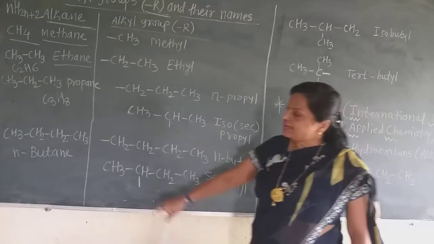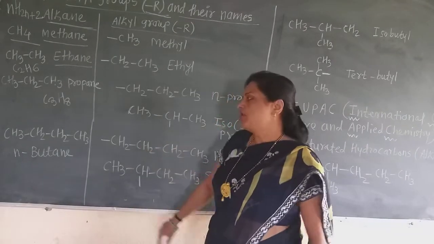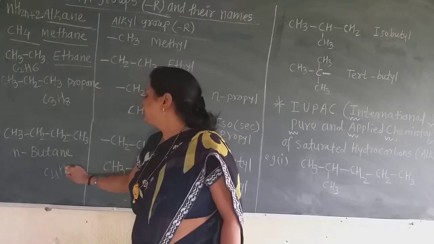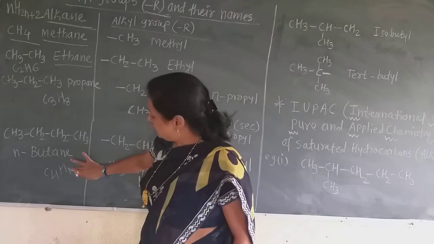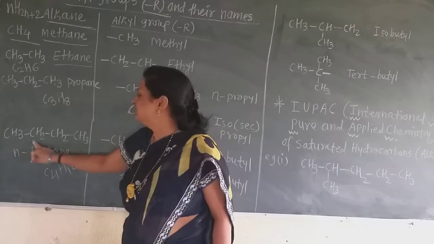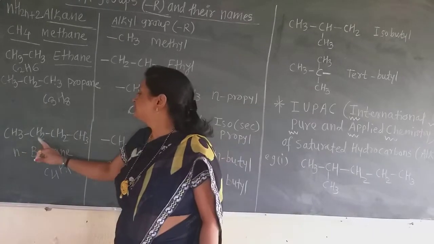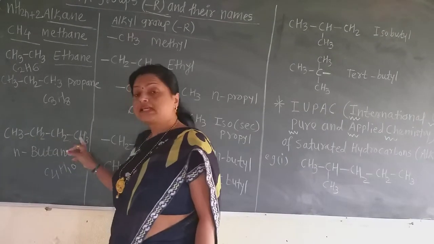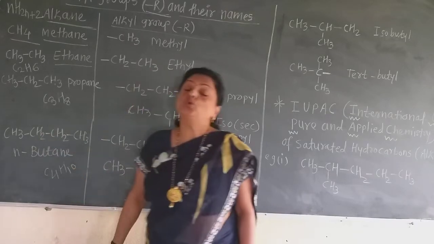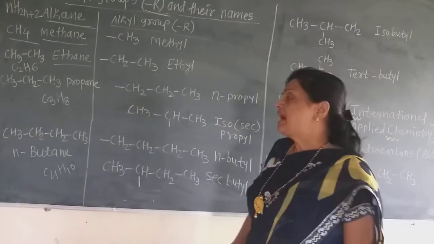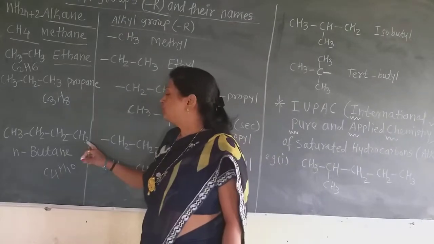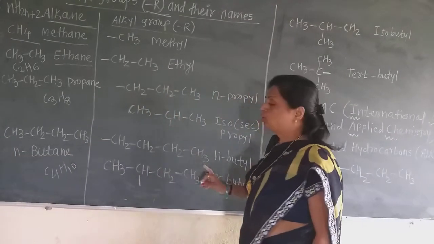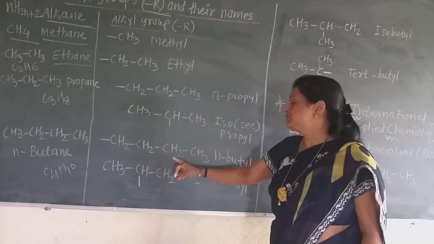Now the next alkane is butane. The molecular formula of butane is C4H10. I draw this C4H10 in this way: CH3, CH2, CH2, CH3. The ending carbons have 3 hydrogen atoms and the middle carbons have 2 hydrogen atoms. If I remove any hydrogen from the ending carbon, then I obtain this alkyl group CH2, CH2, CH2, CH3.